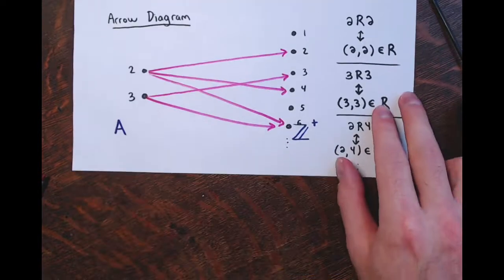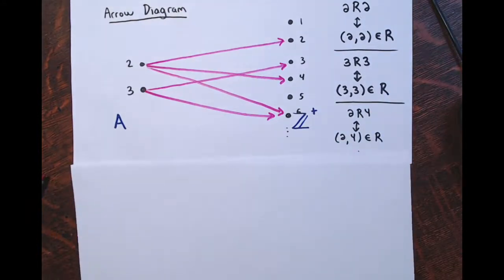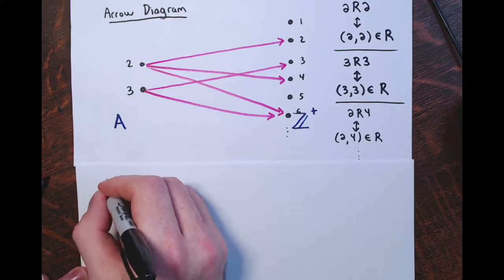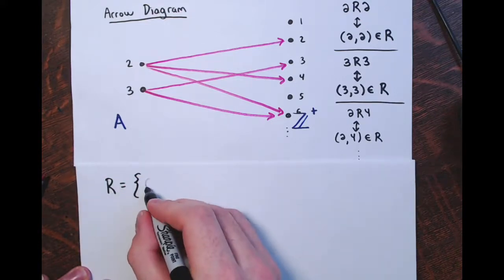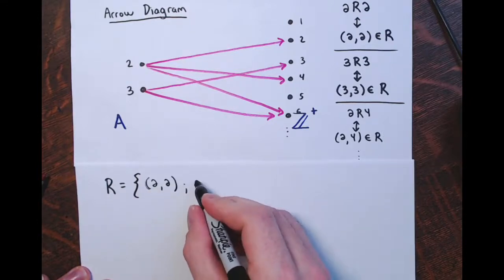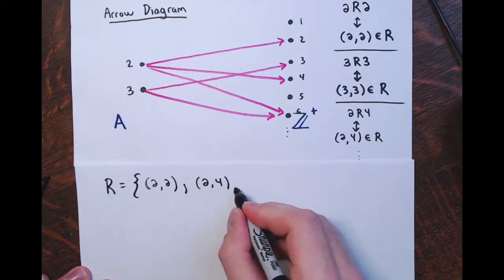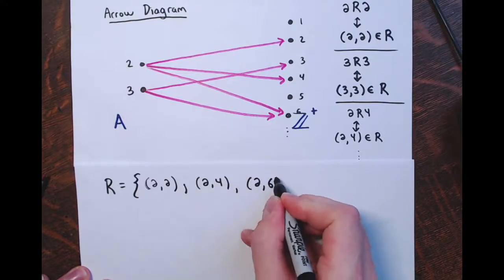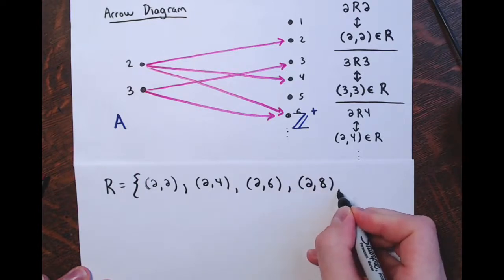And if I wanted to write this as a set of ordered pairs, again, there's an infinite number here, but this relation R has the ordered pair (2, 2), the ordered pair (2, 4), the ordered pair (2, 6), the ordered pair (2, 8), dot, dot, dot.